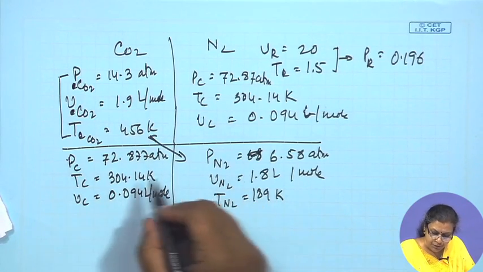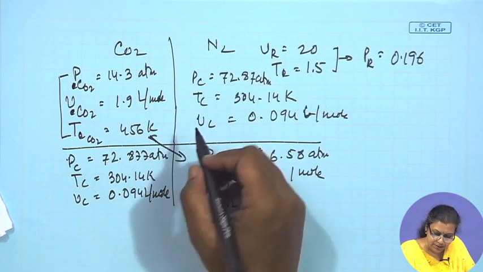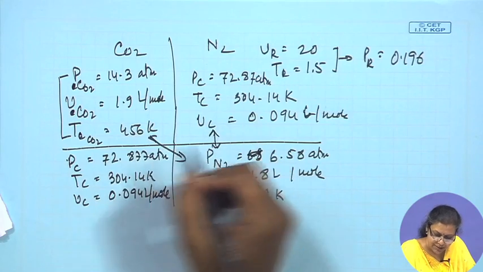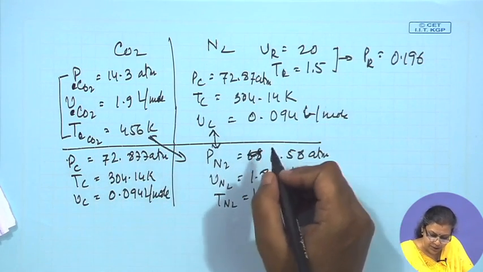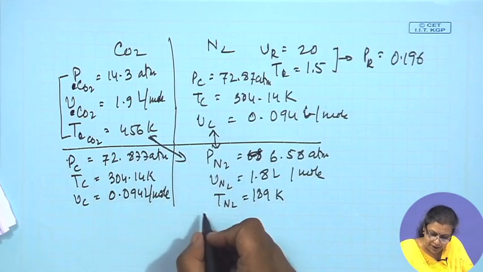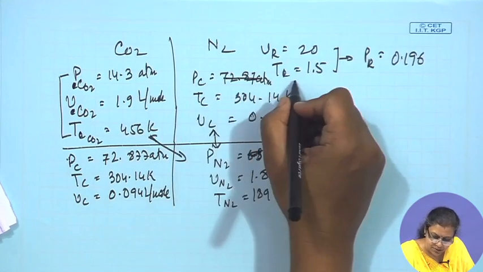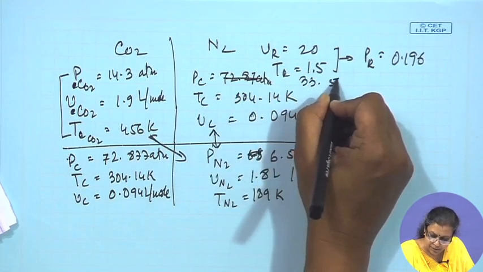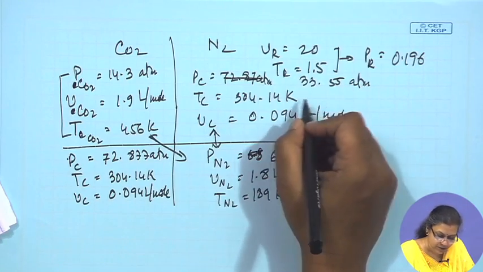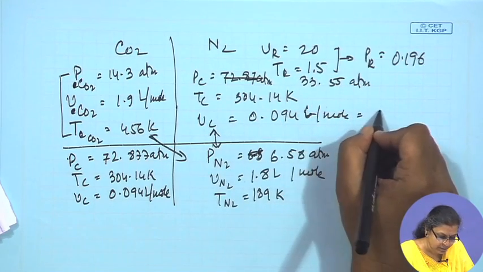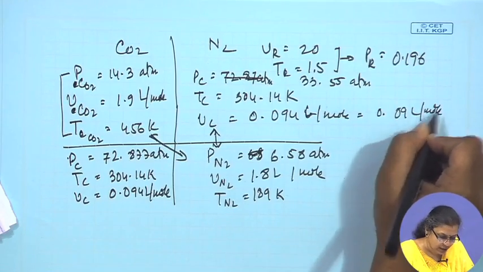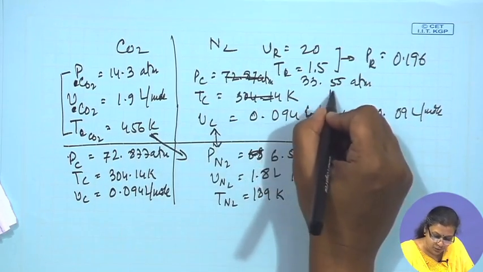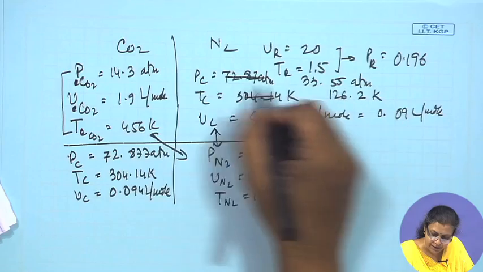And for nitrogen, PC is going to be 33.55 atmospheres, Vc is going to be 0.09 liters per mole, and Tc is going to be 126.2 Kelvin.